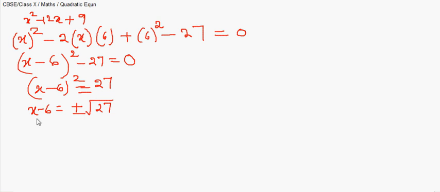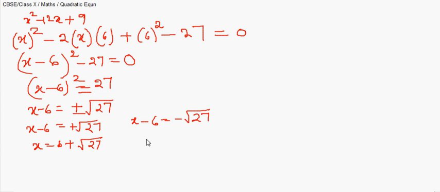Again I carry 6 to the other side, so x minus 6 is equal to plus root 27, and the other one becomes x minus 6 equals minus root 27. So that makes it 6 plus root 27, and this is 6 minus root 27.